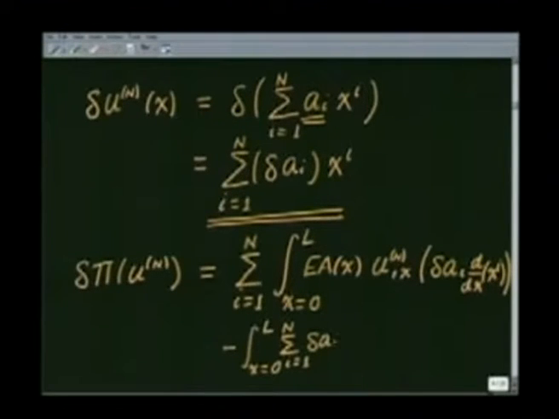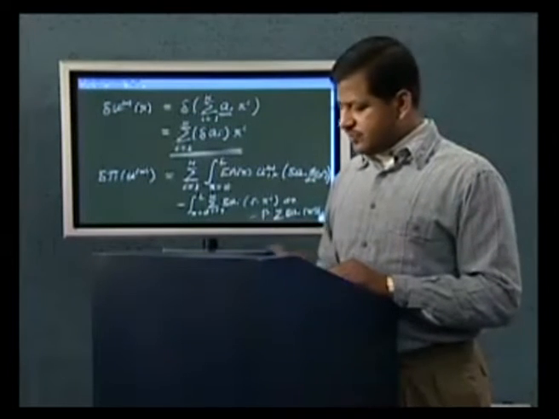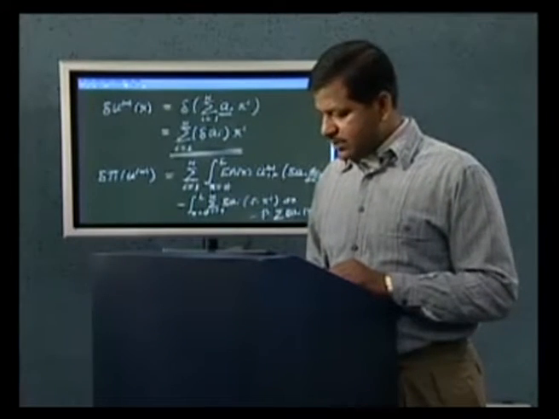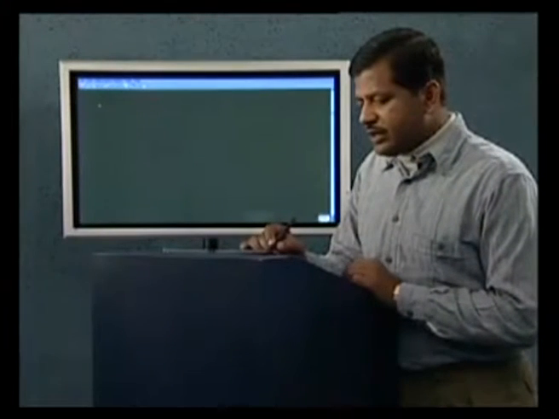Variation of a_i into f multiplied by x to the power of i, the whole thing dx, and finally we get the term minus p x to the power of i evaluated at L. So this is the whole expression that we get by substituting for the variation of u_n in our variational formulation.